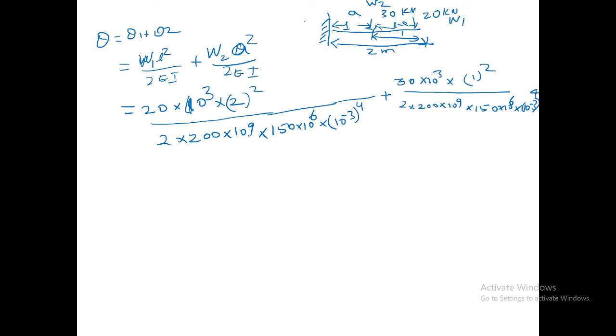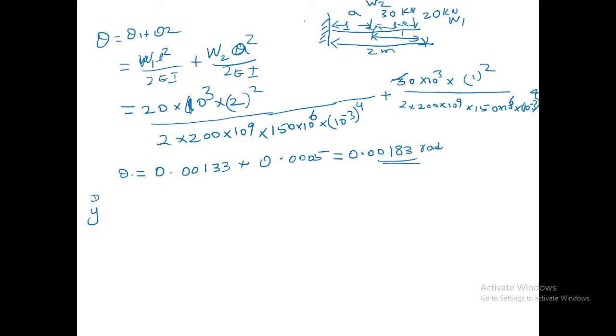Solving the above terms, the first is 0.00133, the second is 0.0005, so the answer is 0.00183 radian.